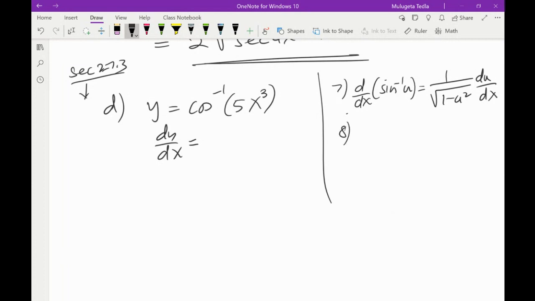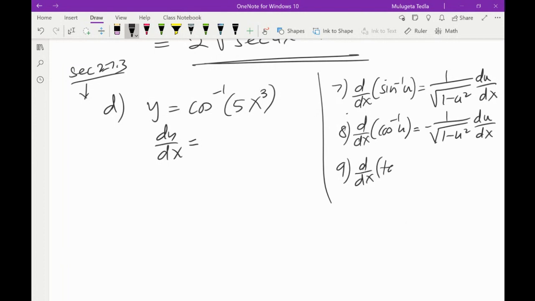Number 8, d by dx of cos inverse of u, and this has a negative because it starts with a c, negative 1 over root of 1 minus u squared, du by dx. Then number 9, d by dx of tangent inverse of u is 1 over 1 plus u squared, du by dx.